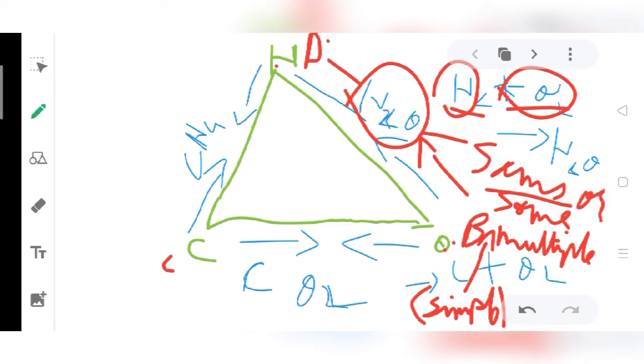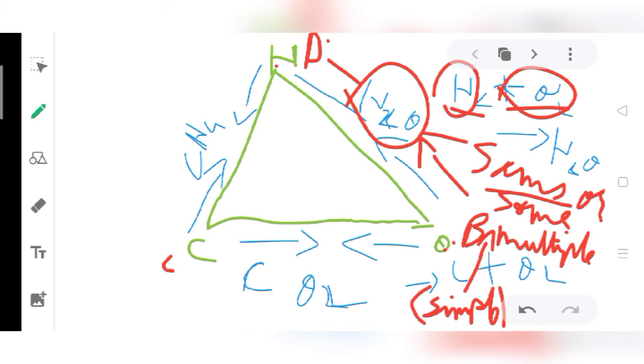that is, not exactly the same. It's either a simple multiple ratio, or it may be the same ratio of the elements, that is A and B, hydrogen and oxygen, which combine directly with each other to form their respective element.